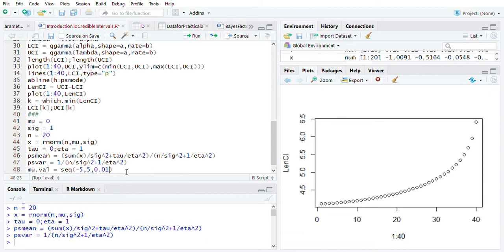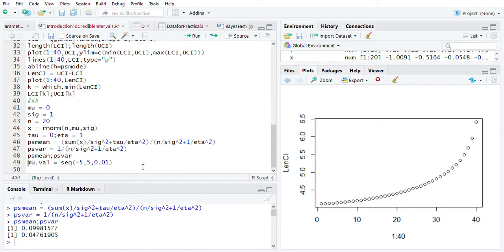Either you can choose them arbitrarily and then adjust them after looking at the graph, or you can simply say posterior mean minus 4 times posterior standard deviation and posterior mean plus 4 times posterior standard deviation. Either way you can construct. So look at the posterior mean and posterior variance first. Okay, so posterior mean is 0.099 and posterior variance is really small, 0.047. So standard deviation will be further smaller. So we don't need such a large interval, but we can say -4 to 4.